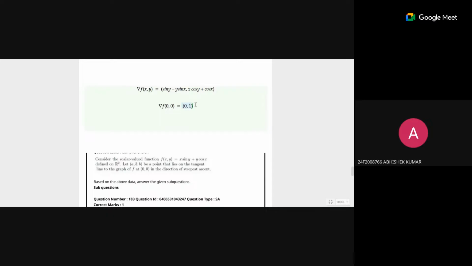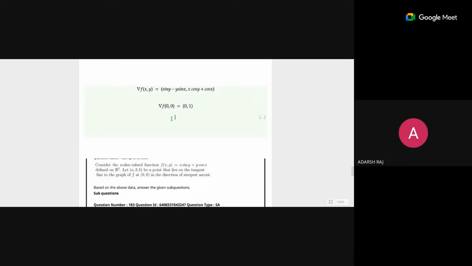Now the question is saying let a comma 3 comma b be the point lying on the tangent line to the graph of this function at 0 comma 0. Basically it is asking us to find the tangent line at 0 comma 0 in the direction of the steepest ascent.